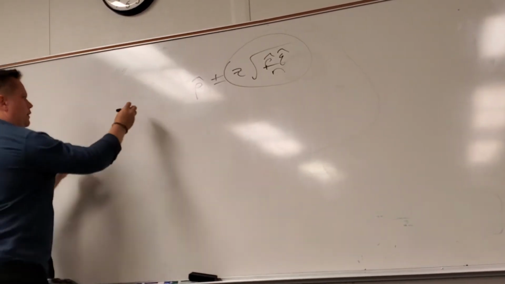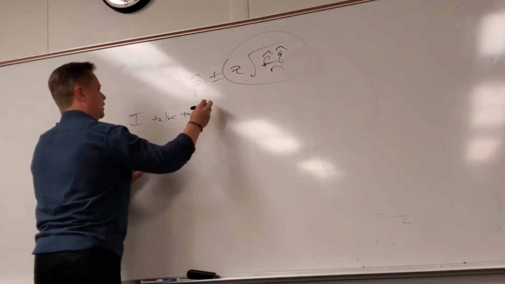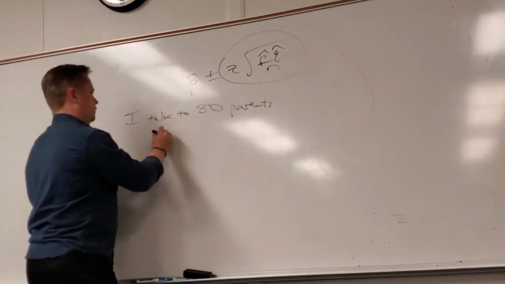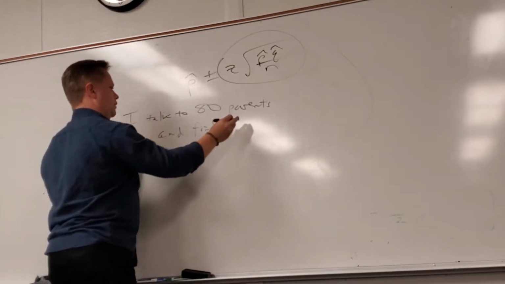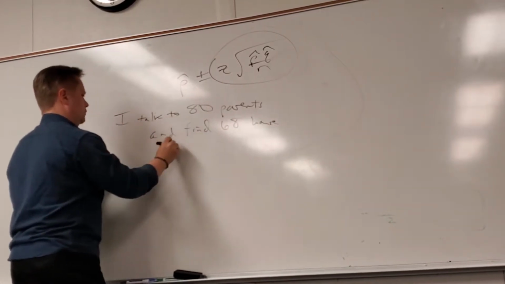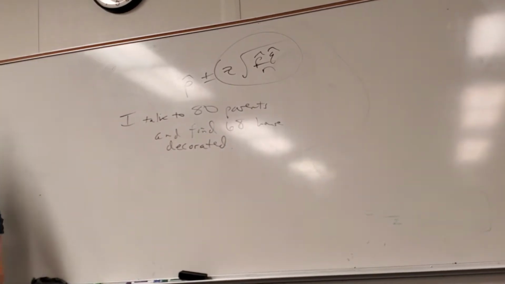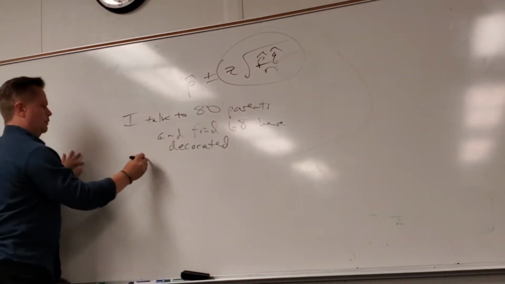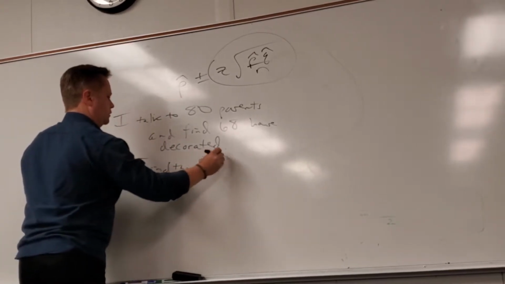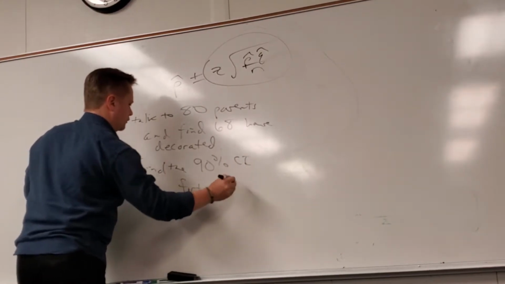Let's say that I talk to 80 parents and find 68 have decorated for Halloween. Find the 90% confidence interval for the true percentage of parents who have decorated.